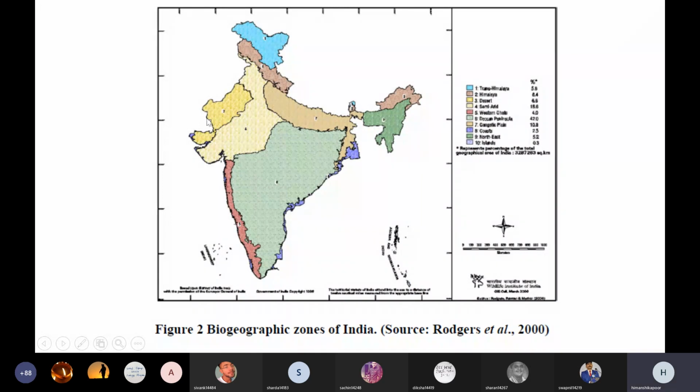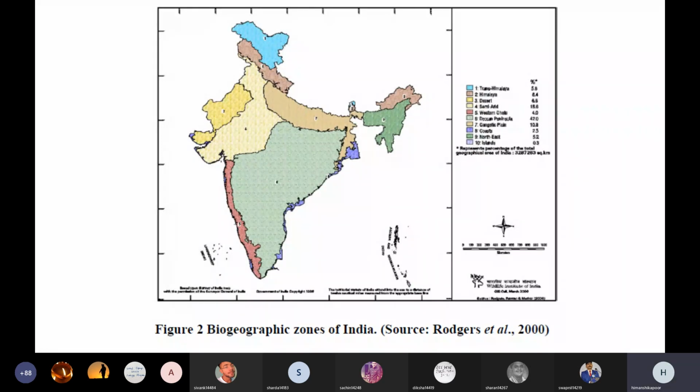Then we have the semi-arid, the Western Ghats, the Deccan Plateau, the Gangetic Plain, the Northeast, and we also have the islands. And we also have coasts, so we have the coastal areas also. These are the 10 biogeographic zones of India.